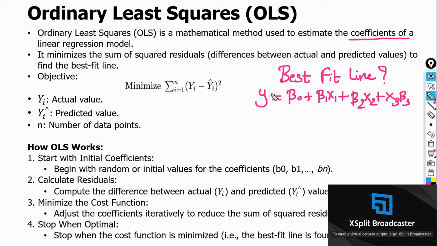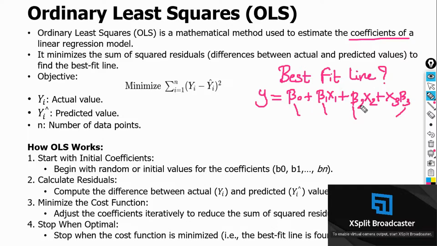So earlier we were discussing how these coefficients are decided. What values do these coefficients take? That is given by OLS, a technique used to estimate the coefficients of the model. How is it going to give us the coefficients? It tries to minimize the residuals, the errors, the difference between actual and predicted.